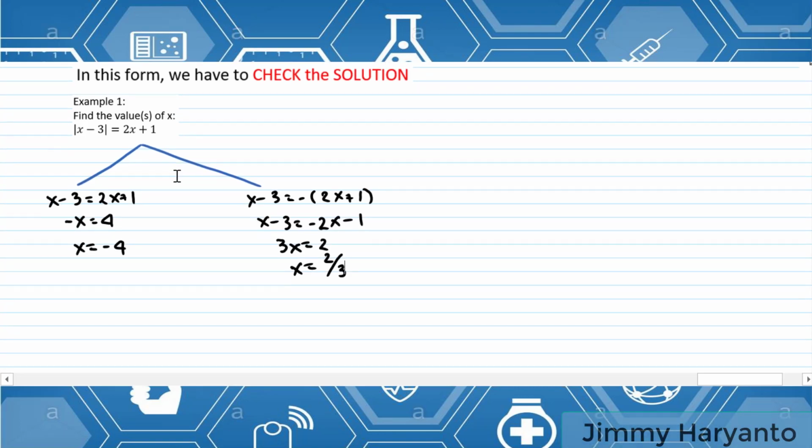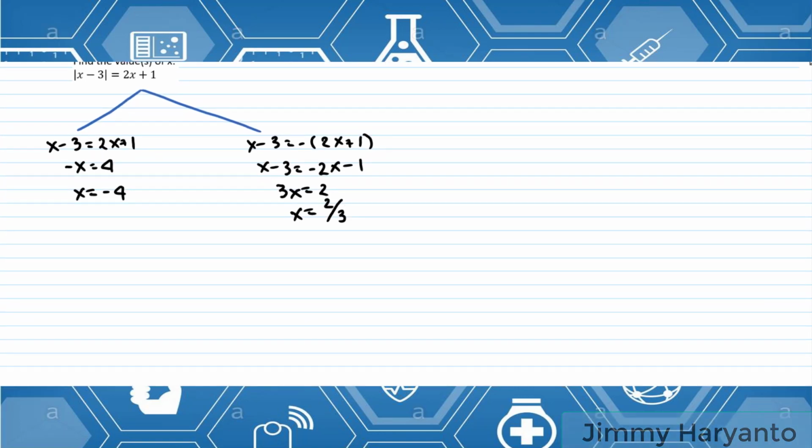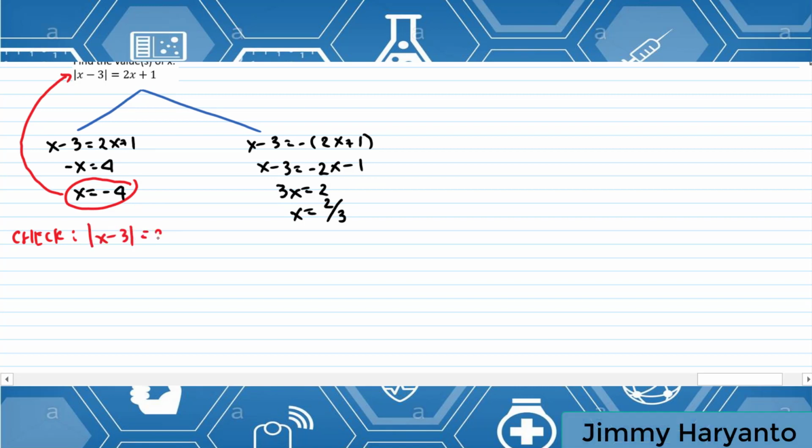How do we check the solution? To check it, we have to substitute negative 4 into x. So we write the equation absolute value of x minus 3 equals 2x plus 1. We substitute negative 4 for x, and then we check if it is correct or not.